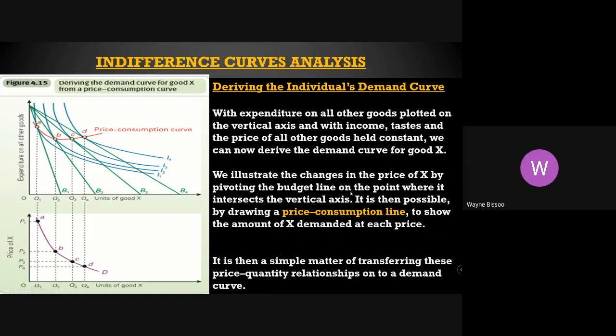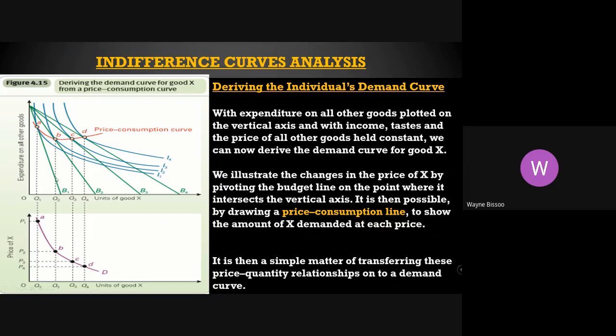All right. We illustrate changes of price of good X by pivoting the budget line on the point where it intersects the vertical axis. It is then possible, by drawing a price consumption line, to show the amount of X demanded at each price. It is then a simple matter of transferring these price quantity relationships onto a demand curve below.